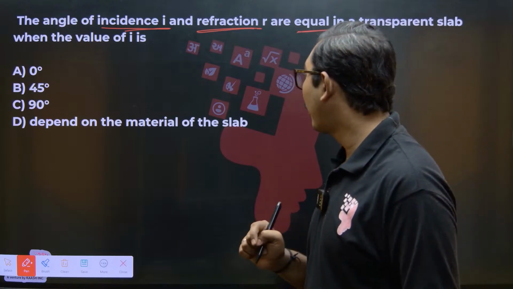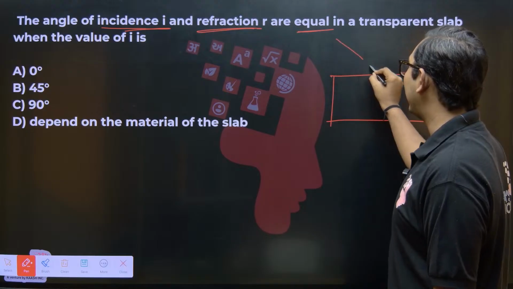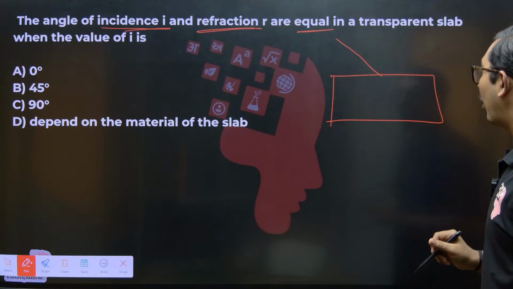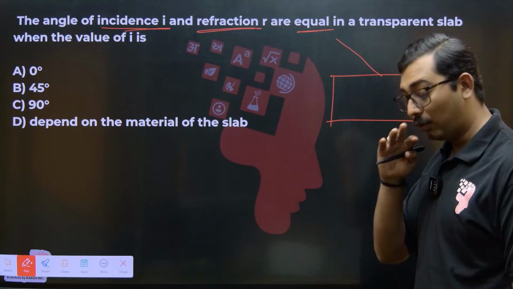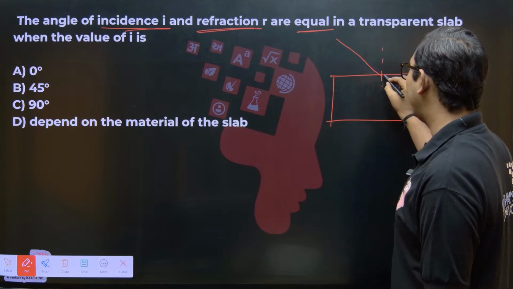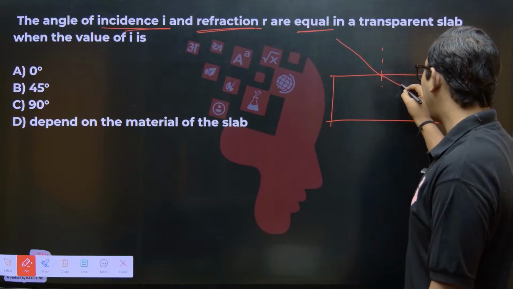If we observe properly in the glass slab experiment, when an incident ray is traveling onto the slab, what will you observe? Let us say this is the normal. The ray bends away from the normal and passes through.